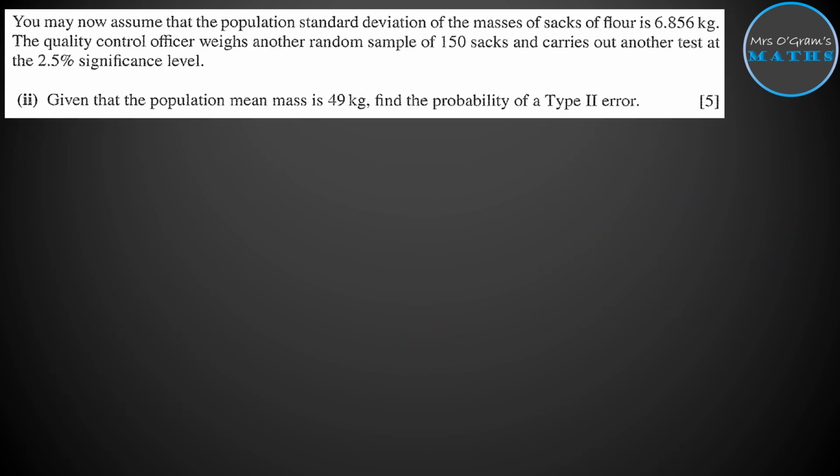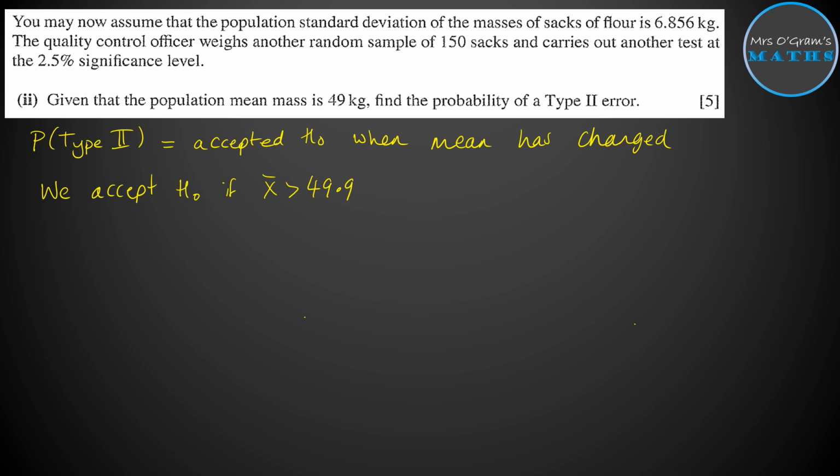Then we're given the situation of what the actual population standard deviation and mean is, and we're asked to work out the probability of type 2 error, which is that we've accepted the null hypothesis when the mean has actually changed. Now on the previous slide we worked out that critical region as being 49.9, which means we will accept H0 if x bar comes out to be more than 49.9, so we want the probability of that happening on this new setup of the distribution.